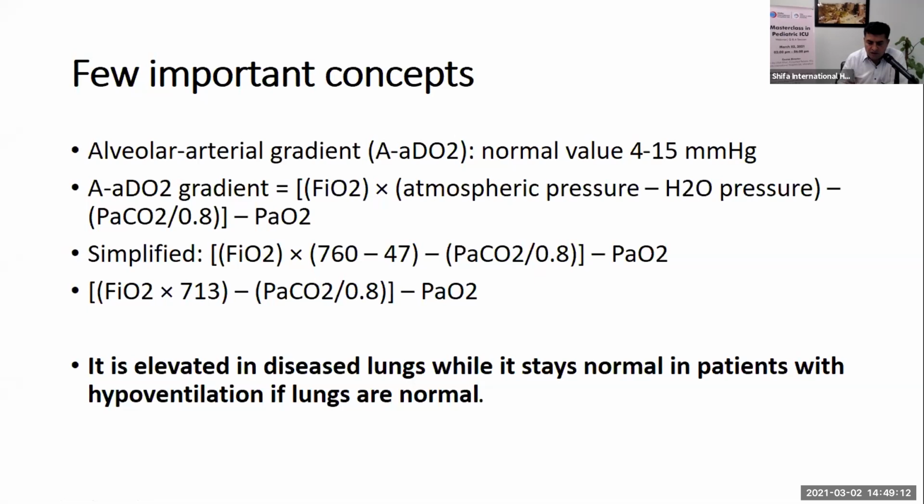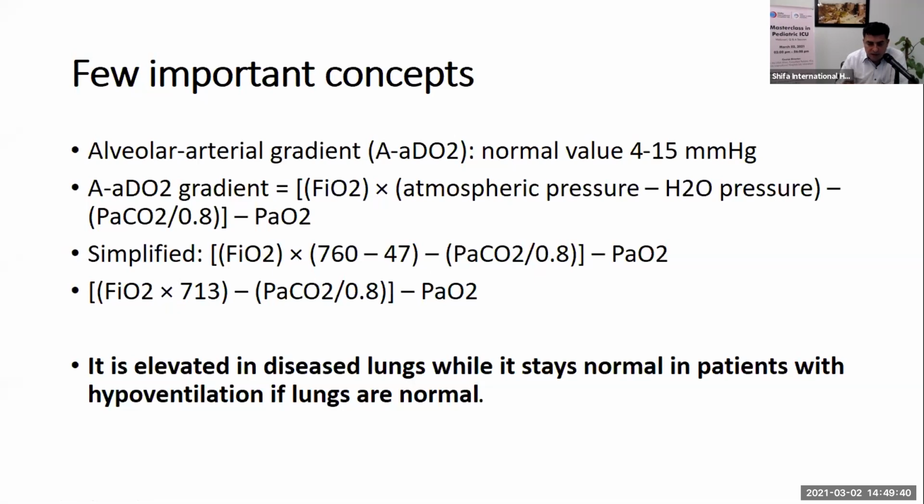It's a difficult formula, but at the end, if you do the calculation, it comes as FiO2 times 713, because 713 is our O2 pressure, minus PaCO2, which comes from the arterial blood gas, divided by 0.8, and minus PaO2, which also comes from the arterial blood gas.